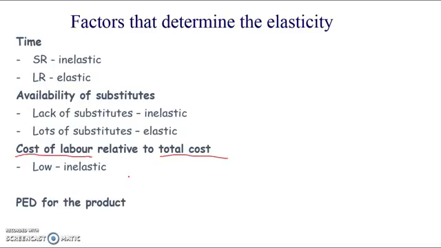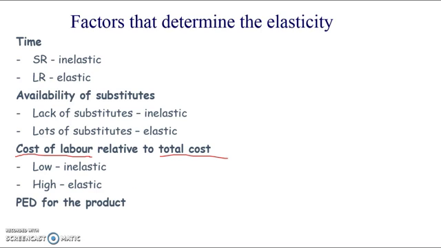Even if it decreases by a lot, again, it's not a huge saving because it's a very small proportion of total costs. Whereas you're going to be very sensitive to wage changes if you're a very labour intensive business. Education, for example, is very labour intensive. The biggest costs for schools and colleges would be their employees.